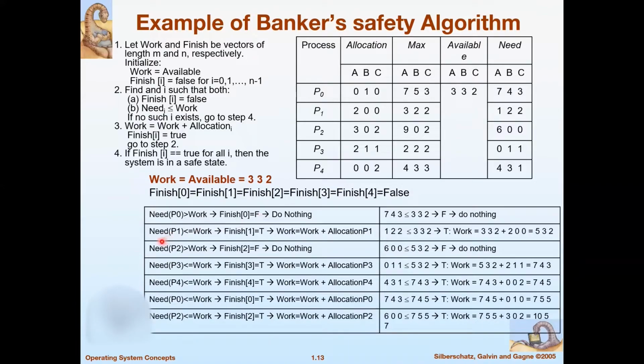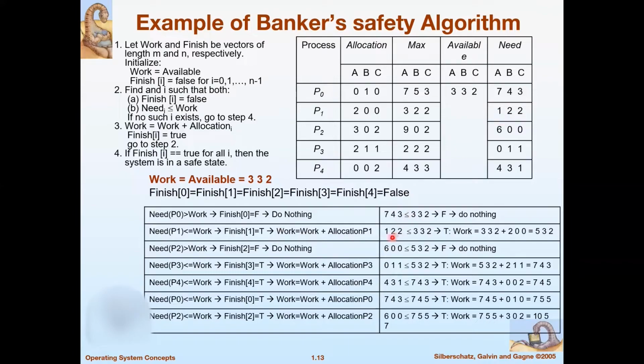Now for P1, its future requirement is 122 and the available number of resources is 332. So we find that 122 is less than 332.